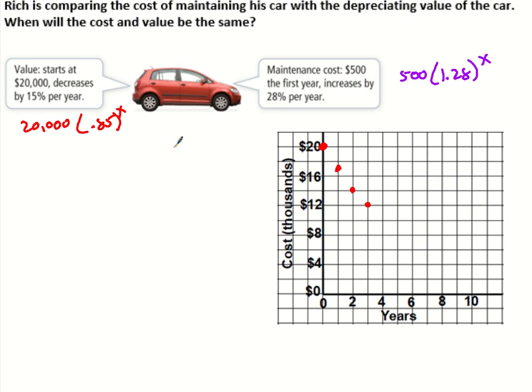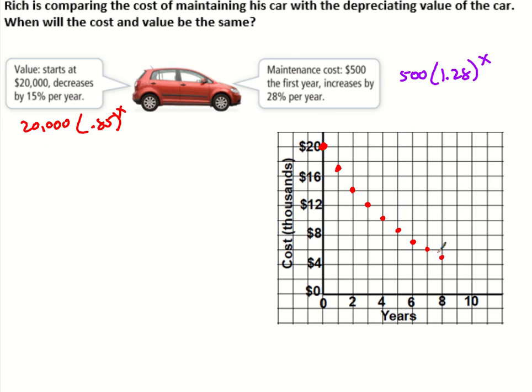Okay, after 4 years, $10,400. 5 years, 8,800. 6 years, 7,500. 7 years, 6,400. 8 years, 5,400.